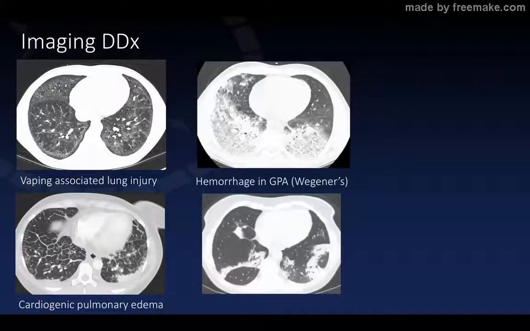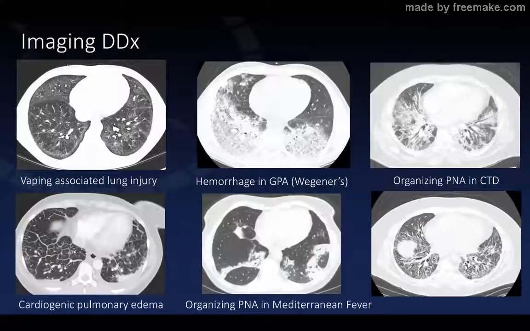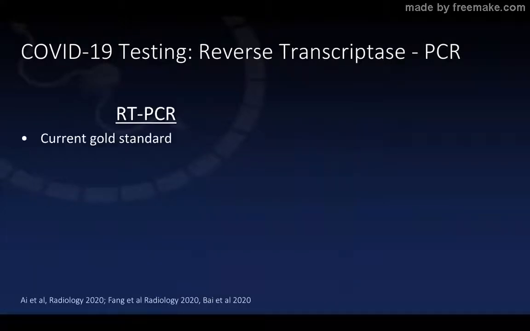This is a patient with classic organizing pneumonia, more chronic, with consolidation, the atoll sign here. This is a patient, again, with organizing pneumonia within the bases in the context of connective tissue disease that progressed to fibrosis.